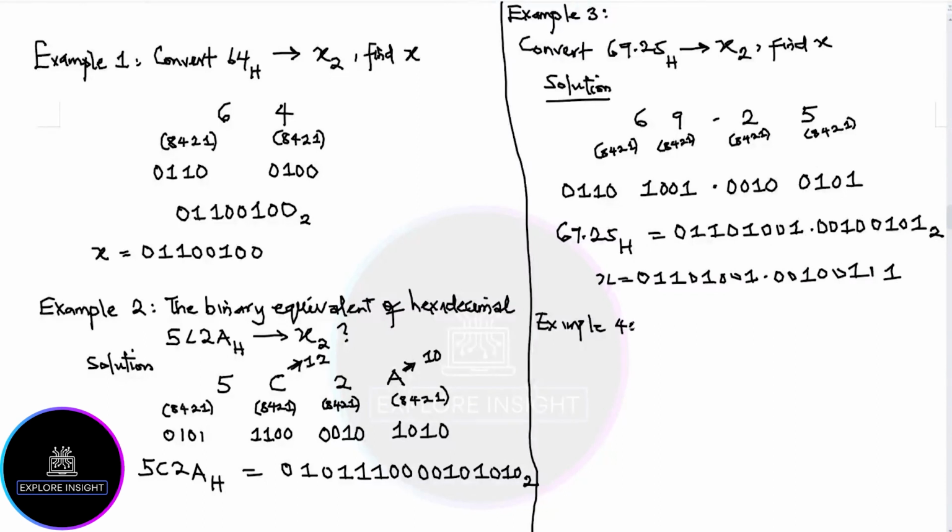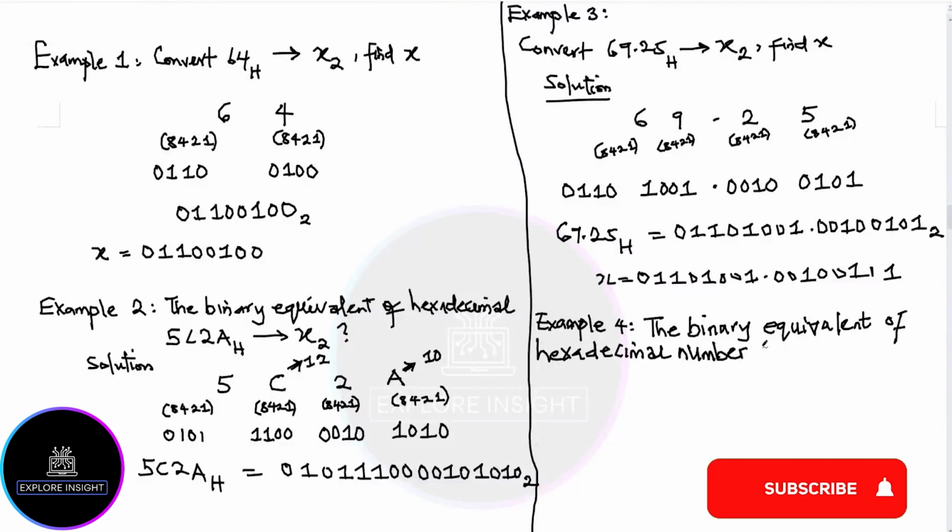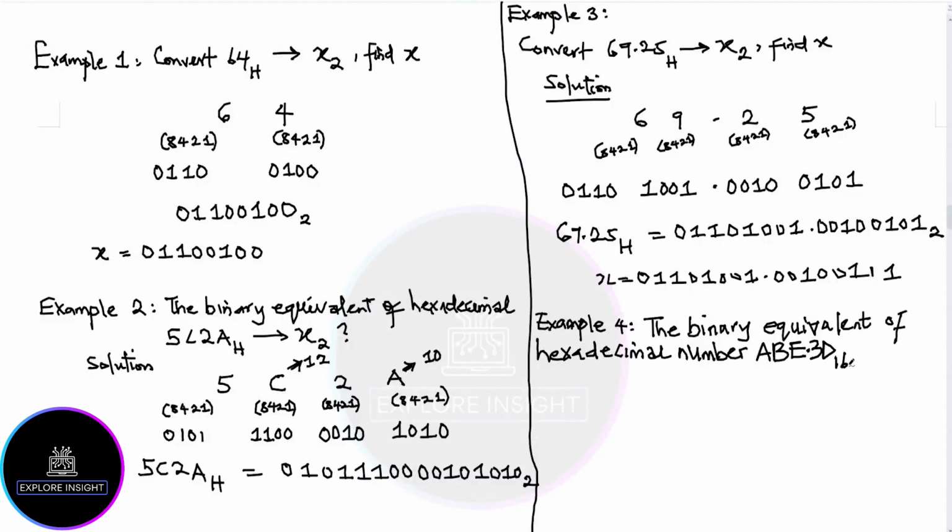Now in example 4, we have the binary equivalent of the hexadecimal number A, B, E, dot 3D in base 16 is what?